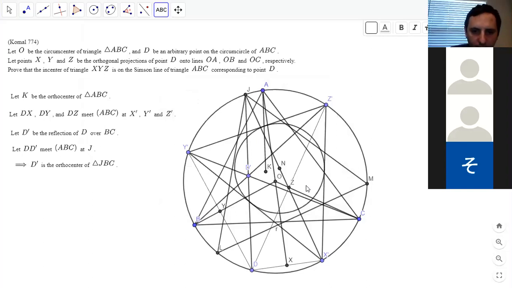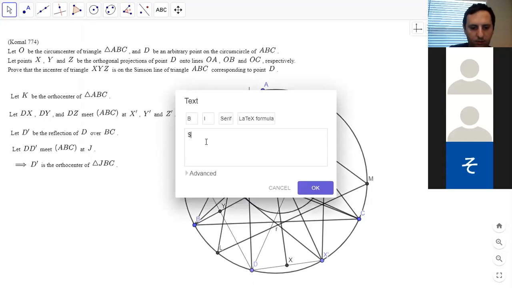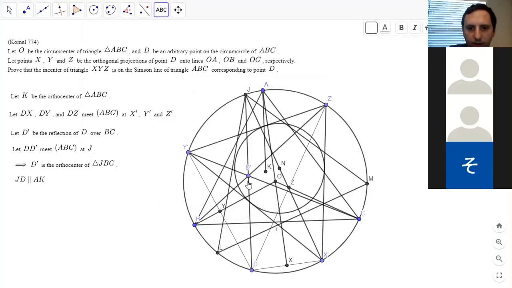So we get that, because the reflection of the orthocenter over the side lies on the circumcircle. We also have JD parallel to AK, that's obvious. And also JD is twice the distance from O to BC, which is AK.